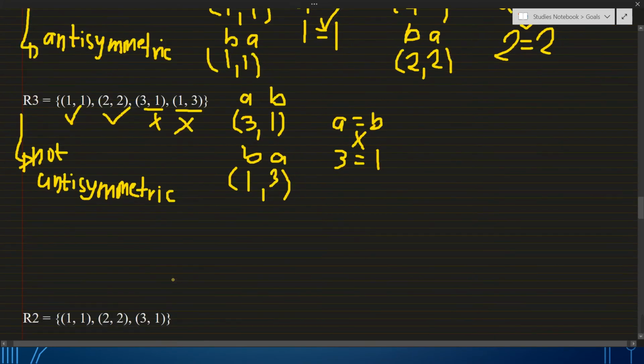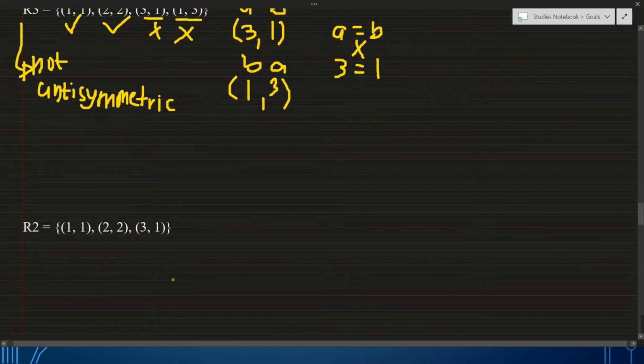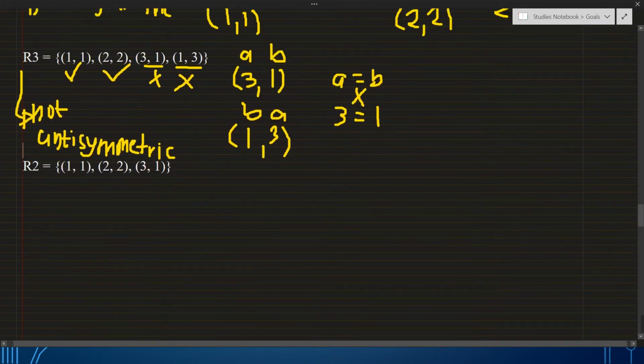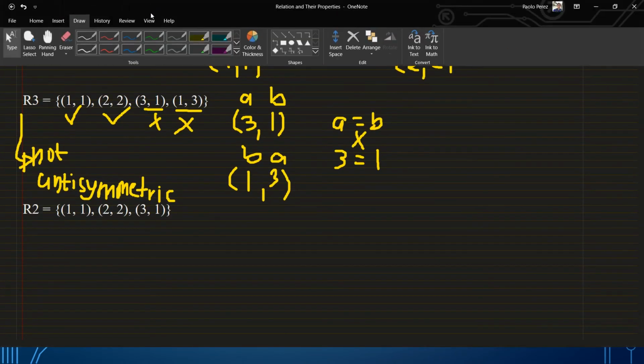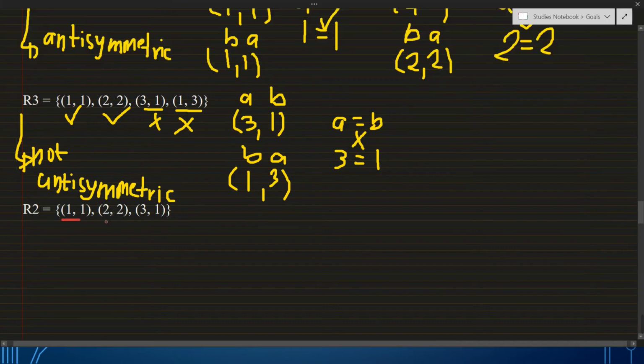Okay, let's move on with R2. I already proved R1 and R3. Let's move on with (3, 1).